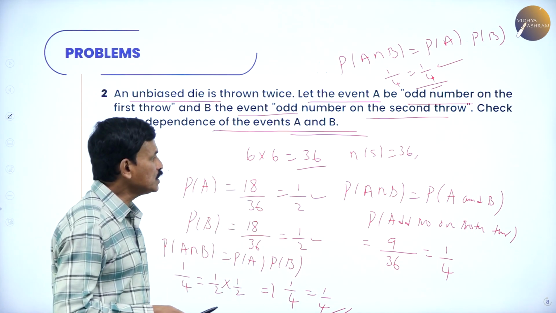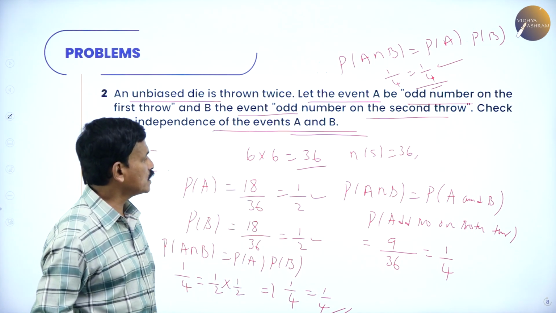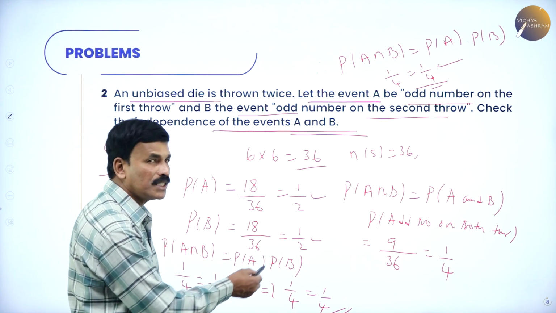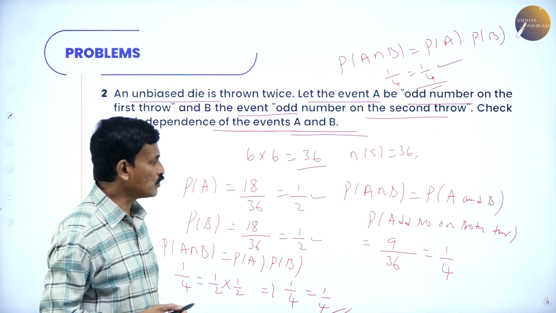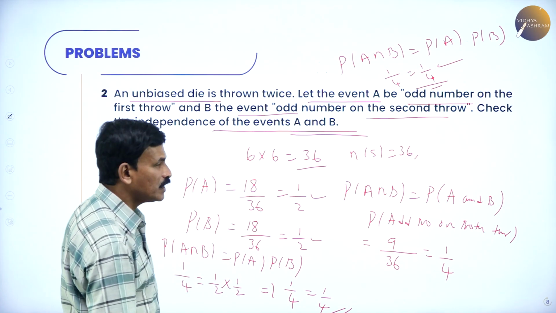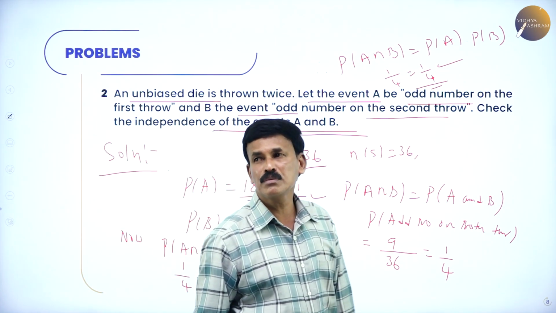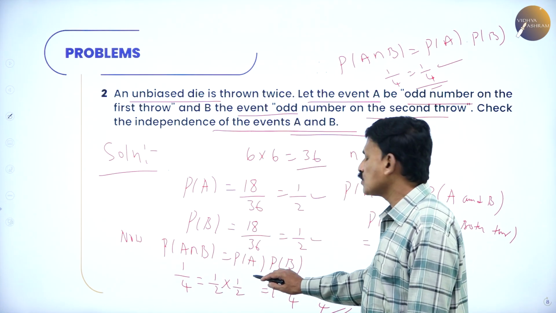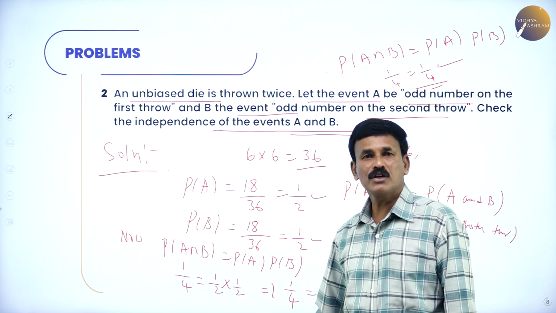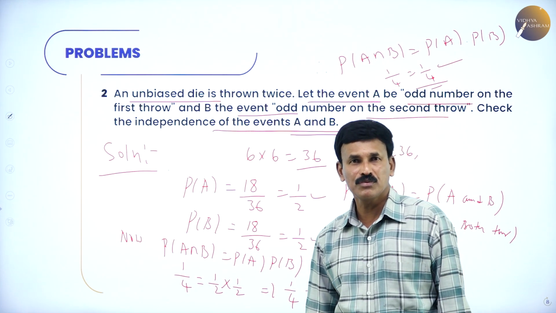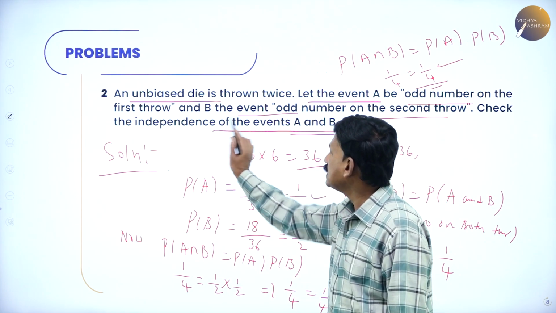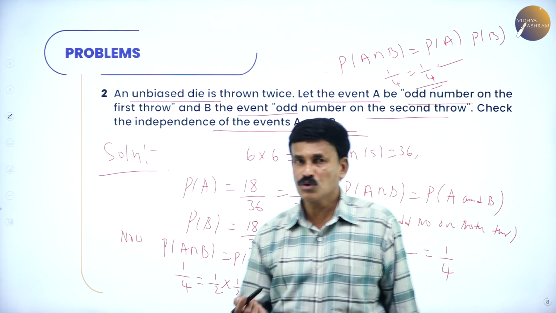The probability of A intersection B, an odd number on both the throws, is 9 by 36, equal to 1 by 4. Now verify whether the probability of A intersection B is equal to the probability of A into the probability of B: 1 by 4 is equal to 1 by 2 into 1 by 2, so 1 by 4 is equal to 1 by 4. So hence A and B are independent events. That's it. Hope you followed.